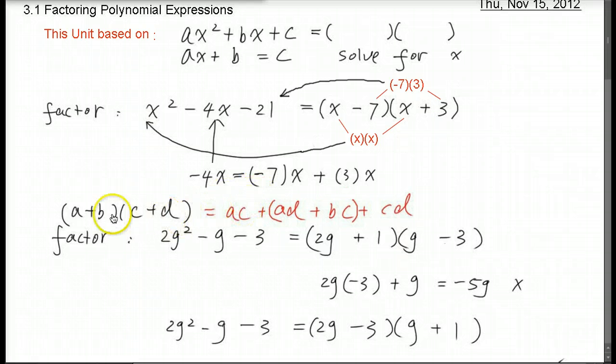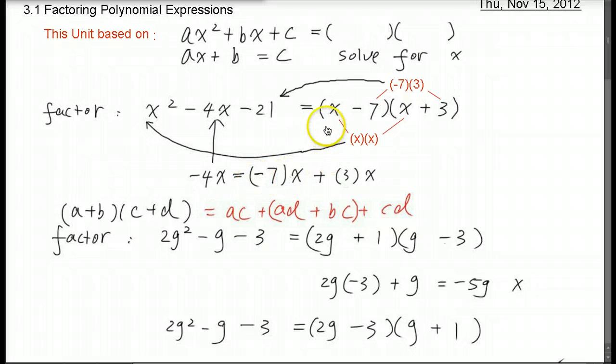If you know the two binomials will be expanded this way, then coming back to the factoring question, you're really being asked to do the opposite. You are given this one, and you go back to the two binomials multiplied together.